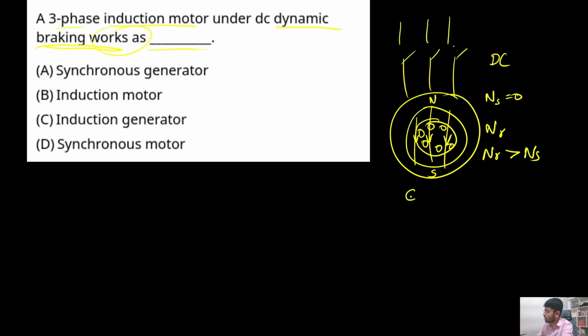So an EMF is induced in the rotor. So these EMF, these currents will be fed to a resistance network if it is a slip ring induction motor. So that resistor will dissipate the heat, and eventually the motor will come to halt.